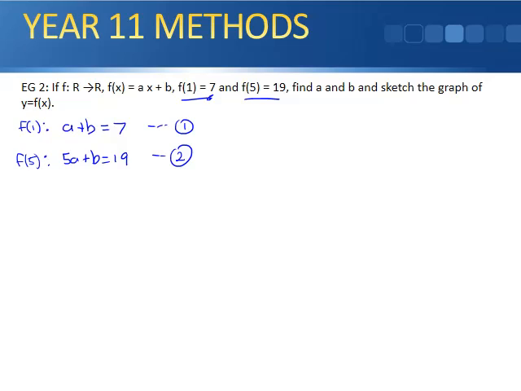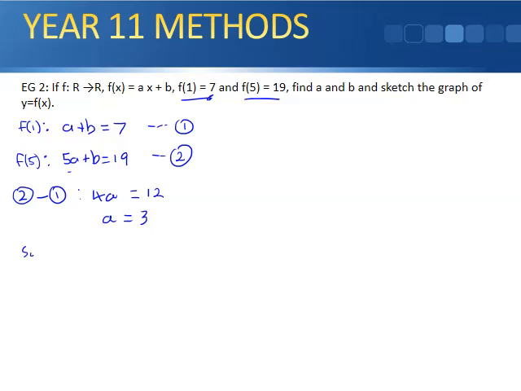You can solve it using matrices, you can solve it by substitution or elimination, it's up to you. I'm going to solve by elimination, so I'm going to take equation number 2 and take away number 1. That gets rid of my b's. So 5a minus the a gives me 4a, b minus the b gives me 0, 19 minus 7 gives me 12, therefore a gives me 3.